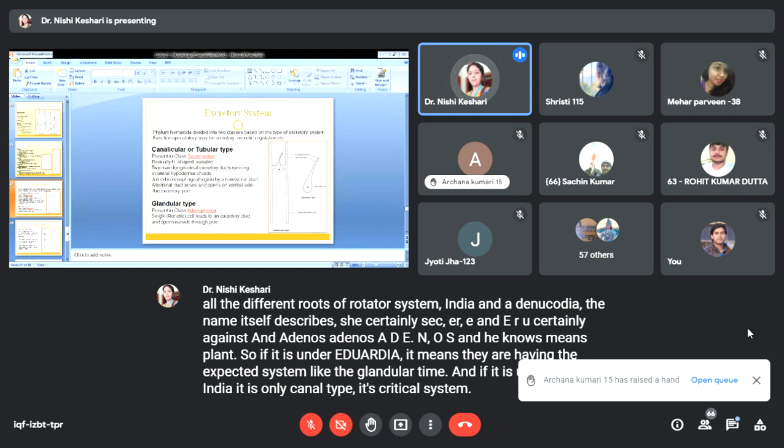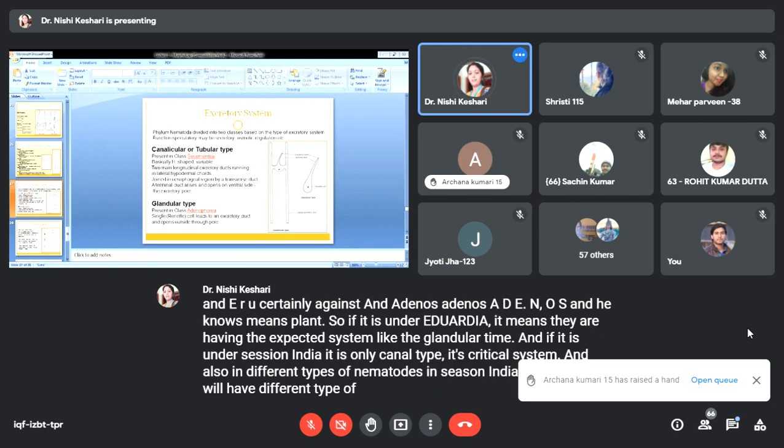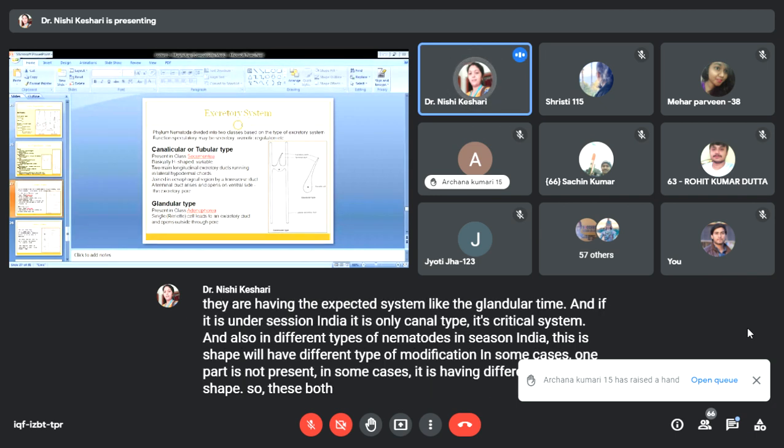And also in different types of nematodes in Secernentea, this H shape will have different types of modifications. In some cases, one part is not present. In some cases, it has a different shape. So both will run from the upper part to the lower part of the body.